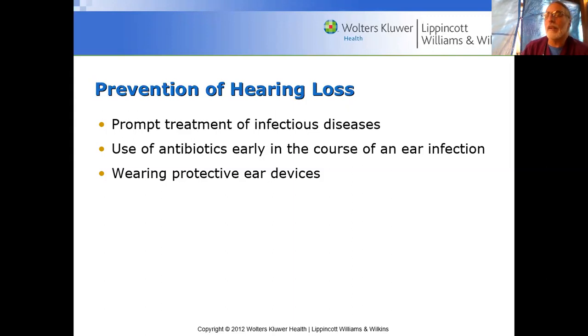For those that work in industrial environments with higher sound levels, those of us that are shooters or hunters or have spent time in the armed services, wearing the hearing protection, not listening to your death metal at max 11 volume, all these things to protect the hearing, because once it's gone, it doesn't come back.